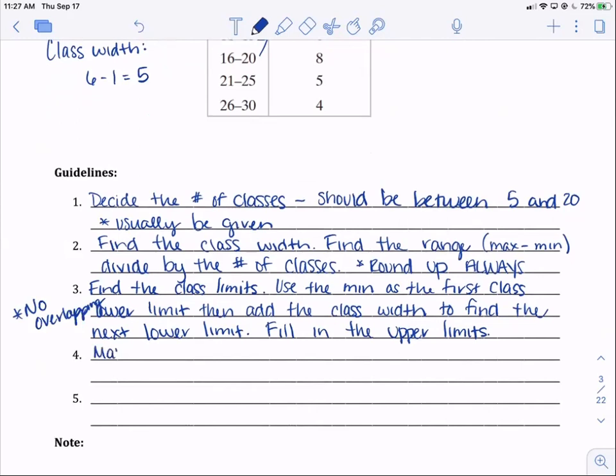Make a tally for each data entry in the row of the appropriate class. And then step 5, count your tallies to find your frequency.